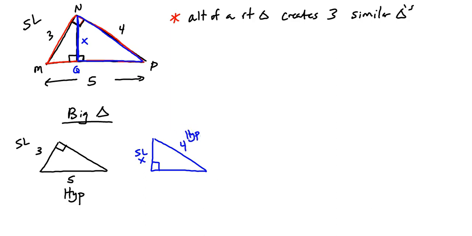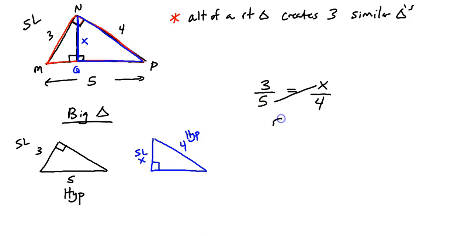And I can use similar triangles and a proportion to set that up. So 3:5 in the big triangle as x:4 in the medium triangle.